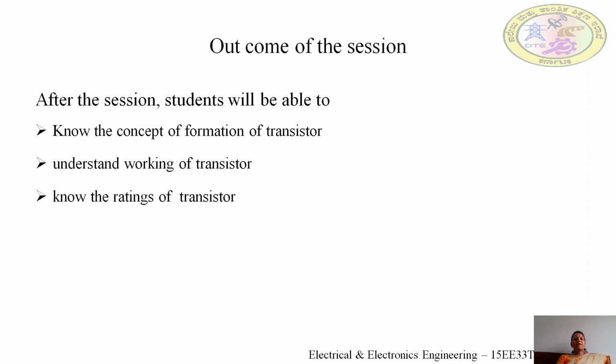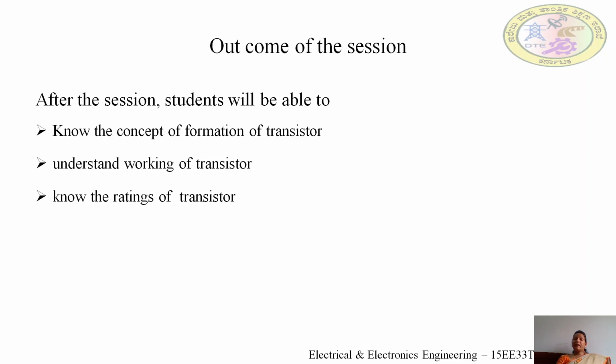So let me summarize the session. In this session, we have learned about the concept of formation of a transistor. How a transistor is formed is very simple. An NPN transistor is formed by sandwiching a p-type layer between two n-type layers, and a PNP transistor is formed by sandwiching n-type semiconducting material between two p-type layers.